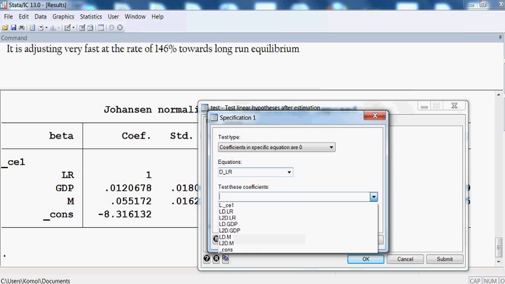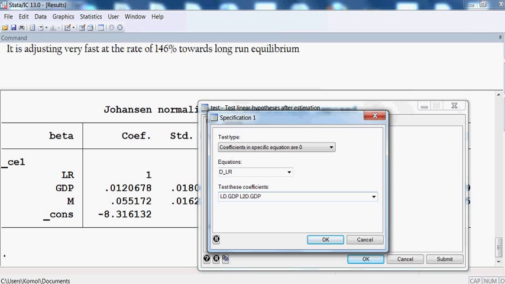and I want to check whether GDP lag 1 and GDP lag 2 jointly can cause DLR or not, right? Okay, the hypothesis is set, so I am checking whether these two independent variables are 0 or not.